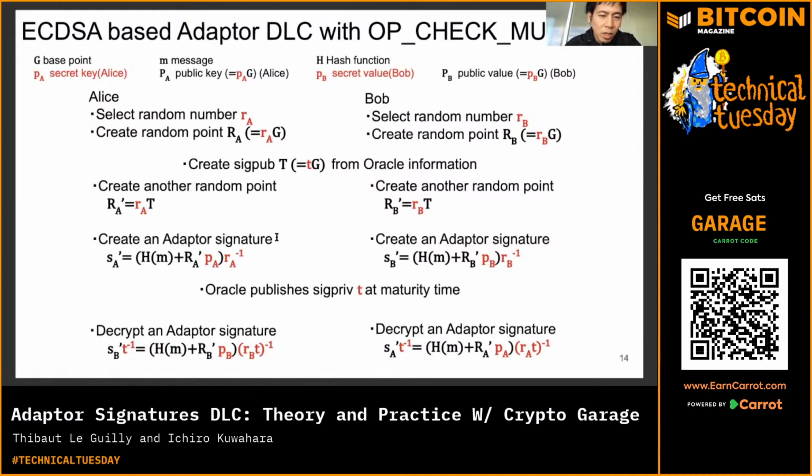And then they create the signatures, they create a transaction. And at the maturity time, the Oracle publishes sigpriv, this is small t. And by using a small t, each party decrypts the counterparty's signatures, and the signature is completed. So discreet log contracts can be settled.